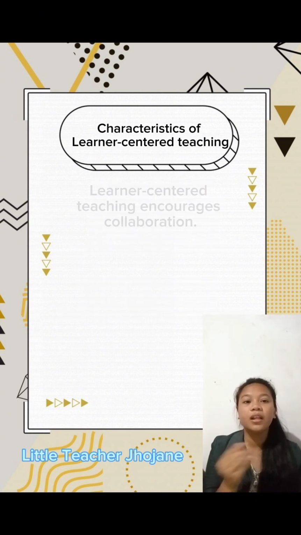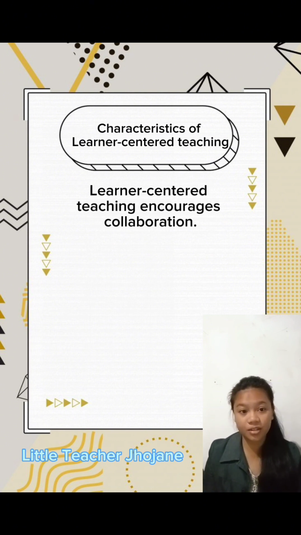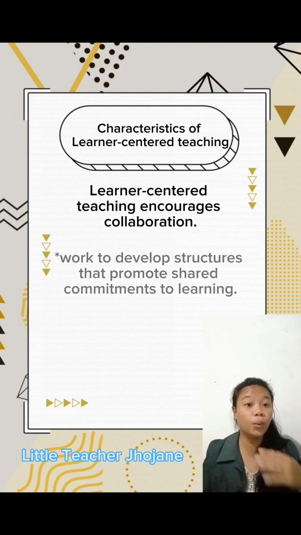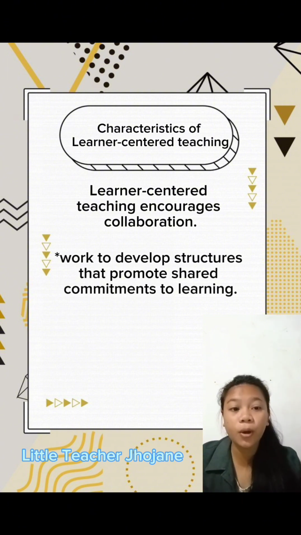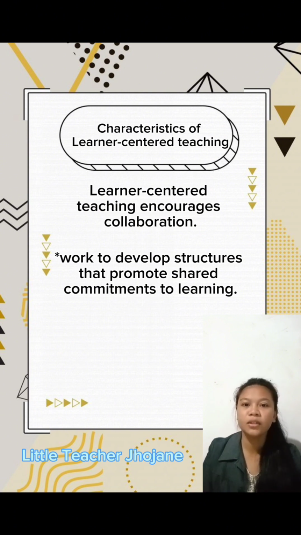And last, we have that learner-centered teaching encourages collaboration. Learner-centered teachers work to develop structures that promote shared commitments to learning. So, those are the five characteristics of learner-centered teaching.